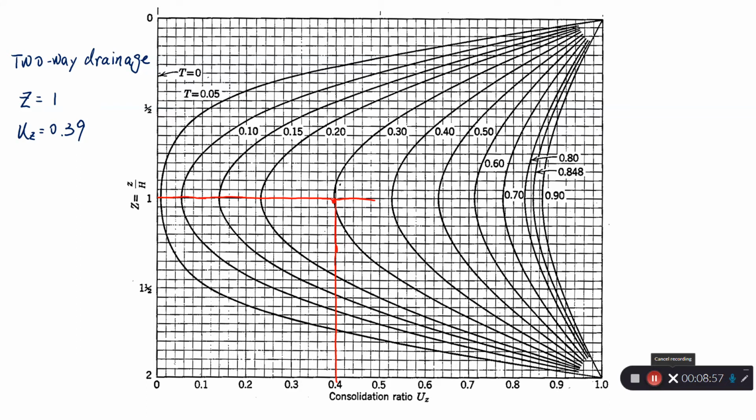So it should be at the peak of the curve, right here. This is the curve representing our case. So from there, I can figure out my T_v equals 0.3.